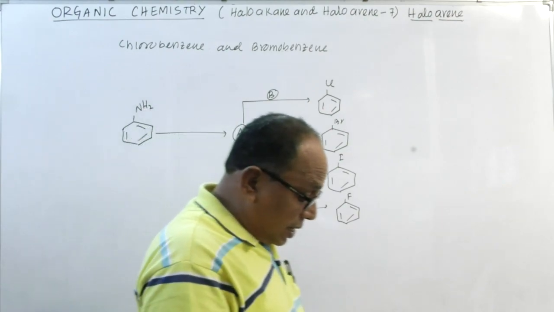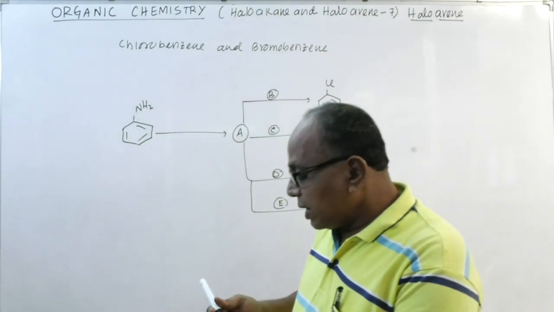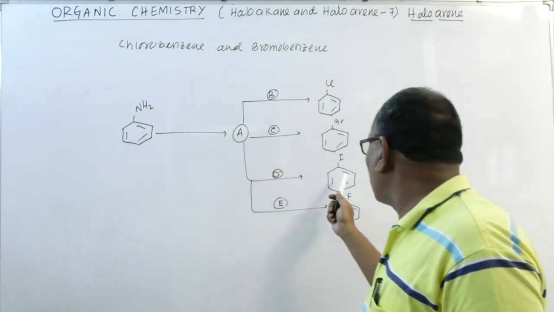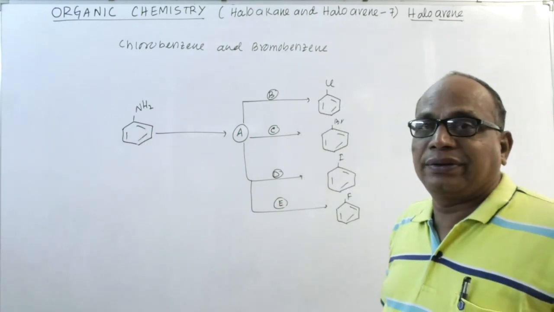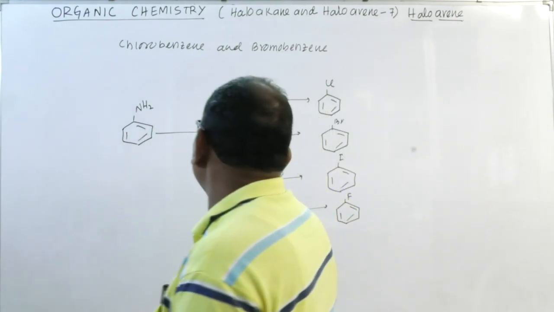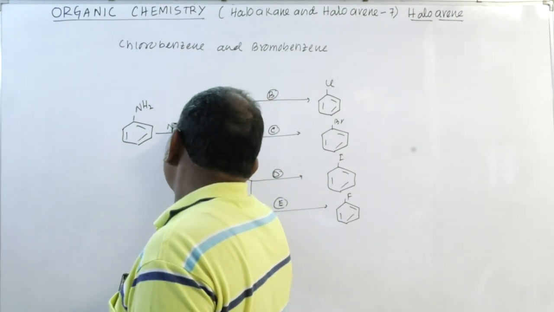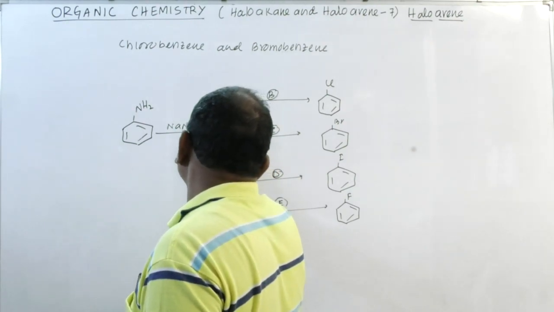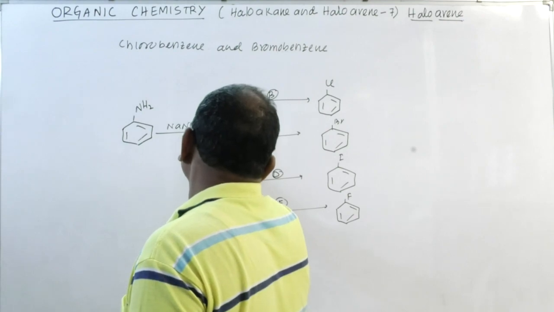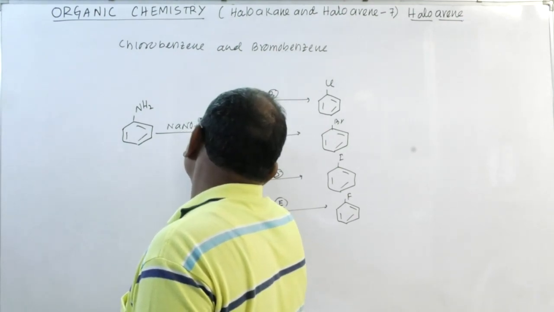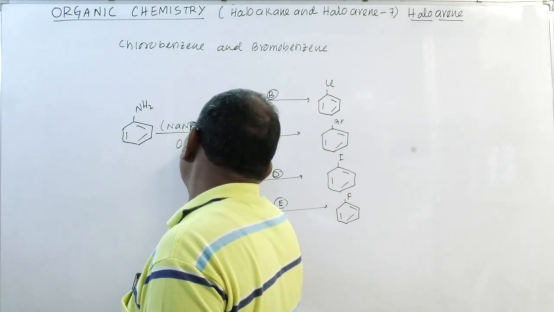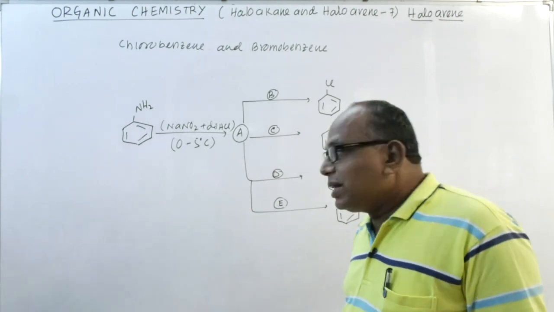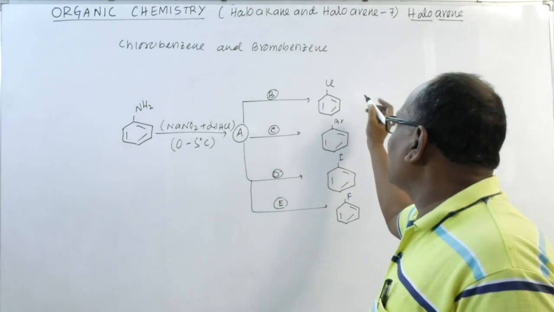You see, in this question we convert aniline to chlorobenzene, aniline to bromobenzene, aniline to iodobenzene, aniline to fluorobenzene. First, aniline is treated with NaNO2 plus dilute HCl at 0 to 5 degrees C. It gives compound A, and compound A treated with B gives chlorobenzene.